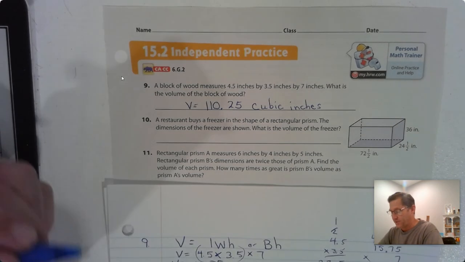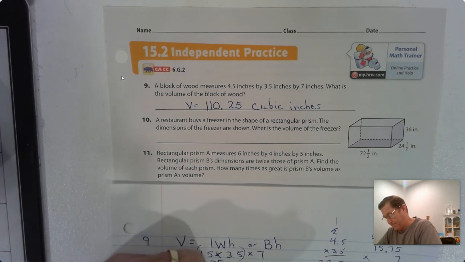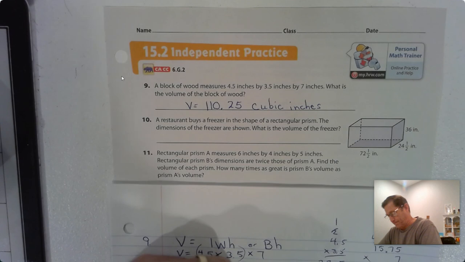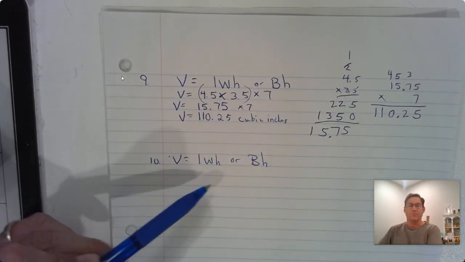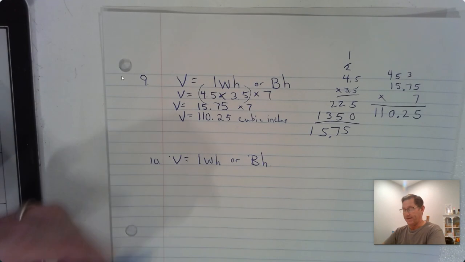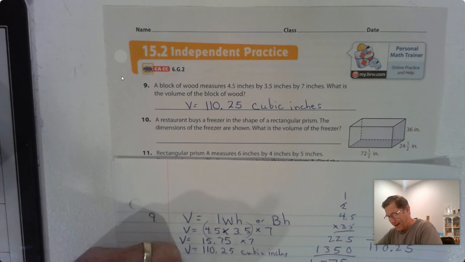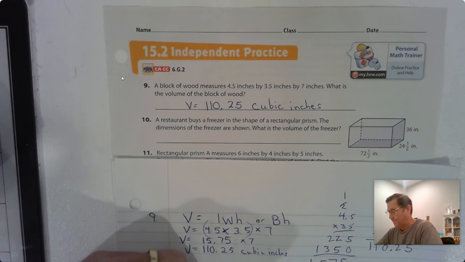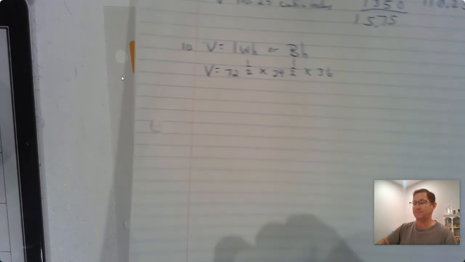The dimensions of the freezer are shown. What is the volume of the freezer? Okay. I always like to start with writing the formula just so I can know what I'm plugging in. Okay, so 72.5 times 24.5 times 36.